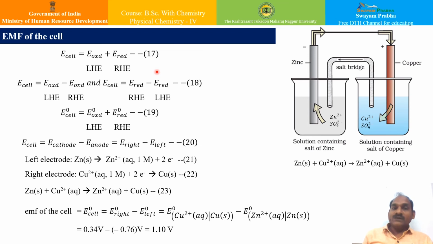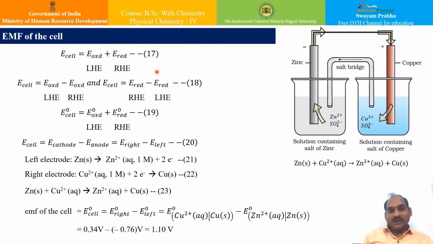And if the electrode involves gases, then the pressure has to be 1 atmosphere for the standard electrode potential. So the standard electrode potential will be represented by E with superscript 0.